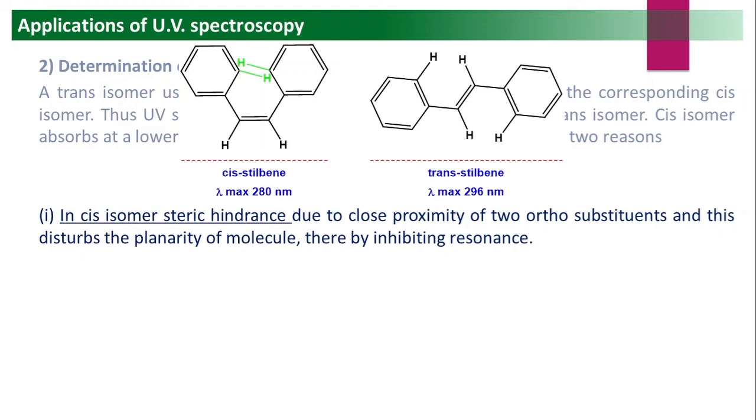Planarity of the molecule is lost, and due to this planarity loss there is an inhibition or restriction of the resonance. As we know, resonance increases the lambda max. So there is an inhibition of the resonance in cis stilbene. That's why the cis isomer absorbs at lower wavelength.